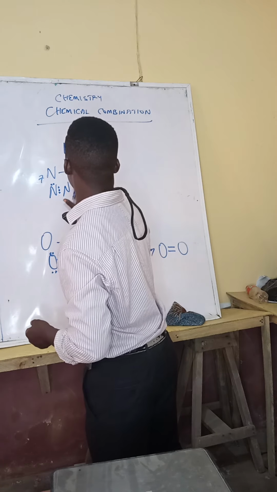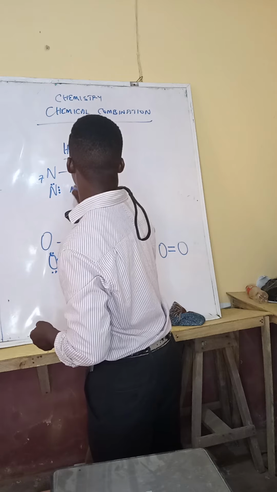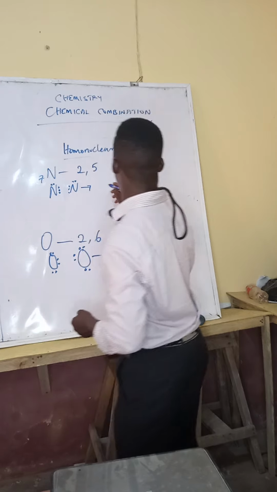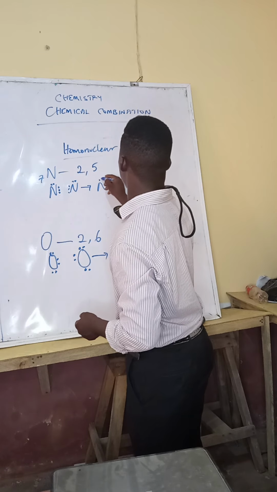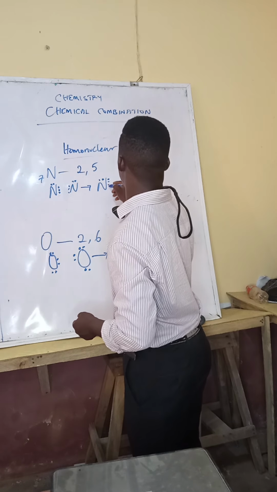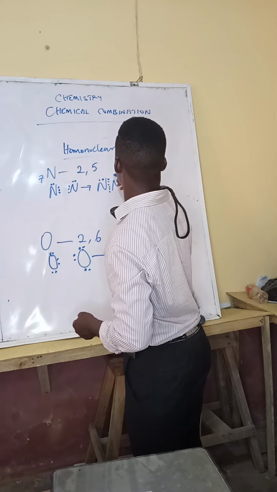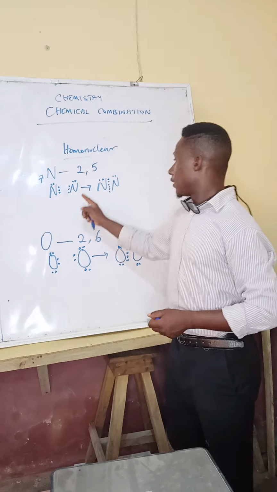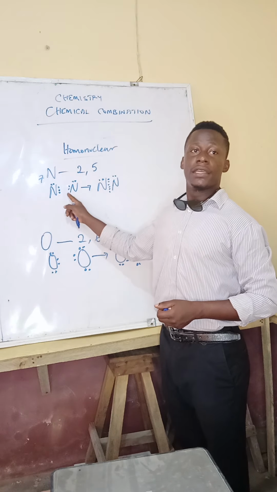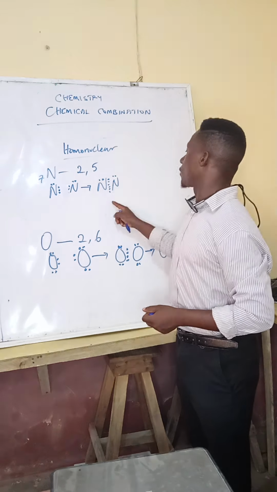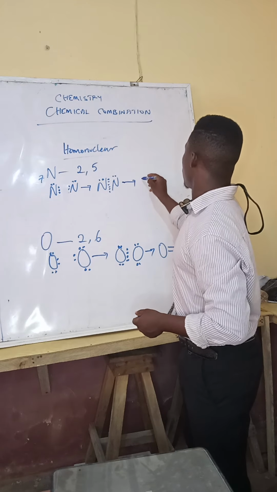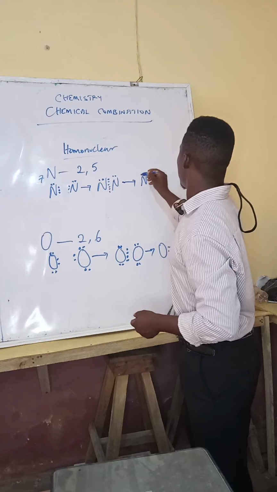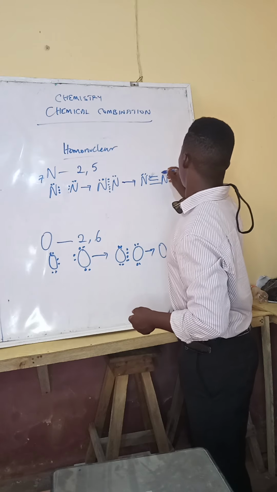You also have 2, 1, 2, 3. When they combine together, you have something like this: 1, 2, 3, 4, 5, 6. So this one is bringing 3 electrons, the other one is also bringing 3 electrons. So they are combining together to make 6. That means that they will have 3 bonds: 1, 2, 3, and then something like this.